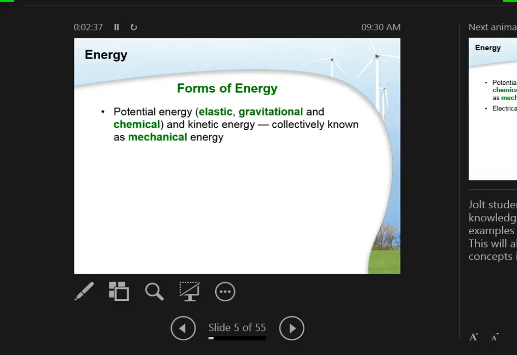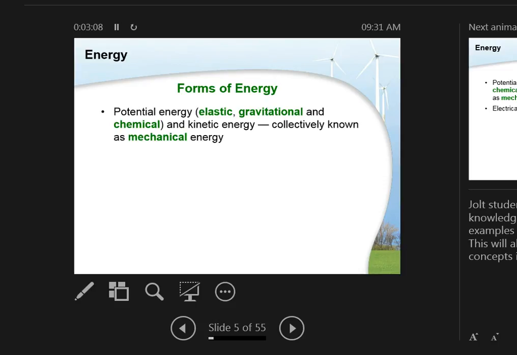Potential energy, there are three types we are interested in: elastic, gravitational, and chemical. We have mentioned that just now already. And kinetic energy. Potential energy and kinetic energy, we call them mechanical energy. So you need to know this. So the question, light energy. Is it mechanical energy?